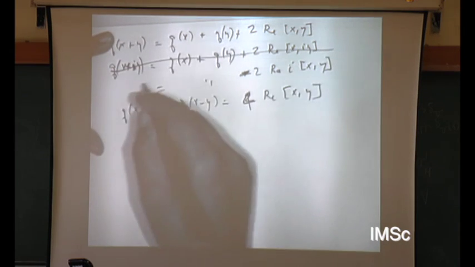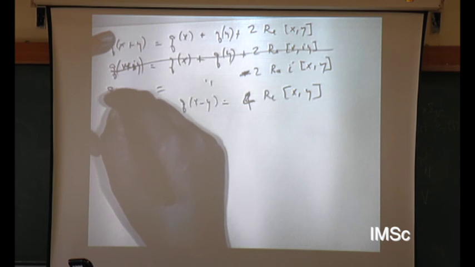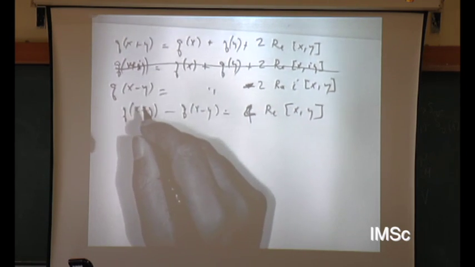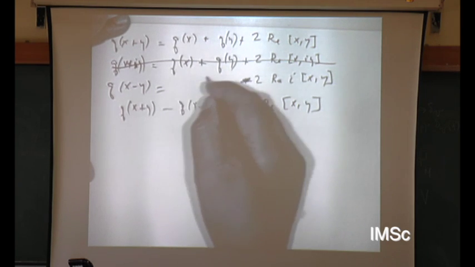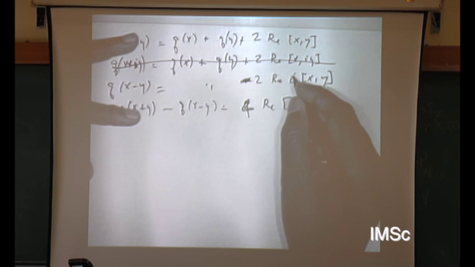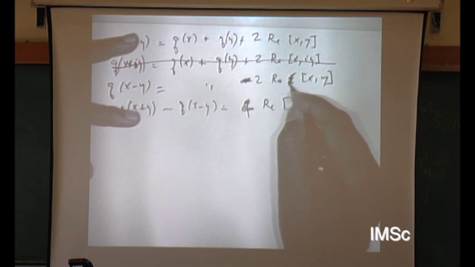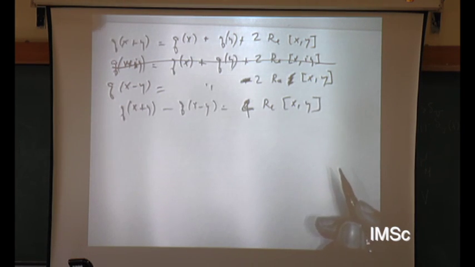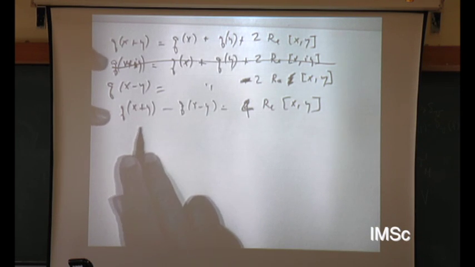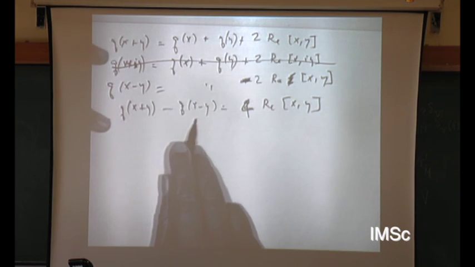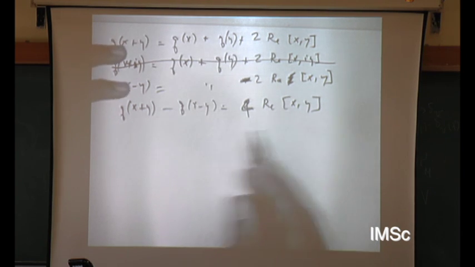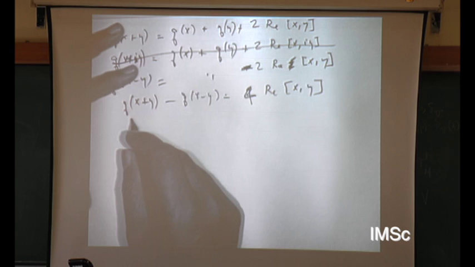What I wanted to say was, let's look at q of x minus y. Replace y by minus y. Then what you'll get will be q(x) plus q(y) minus twice the real part of (x, y). So that if you subtract q(x plus y) minus q(x minus y), you get 4 times the real part of (x, y). Now do the same thing with y.